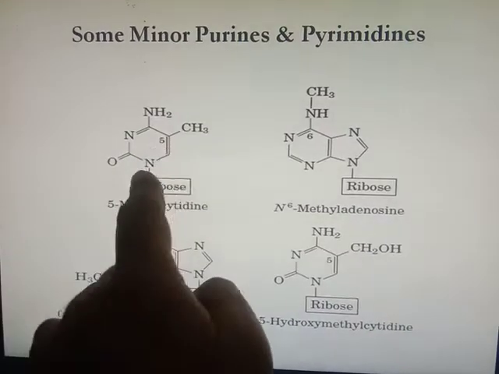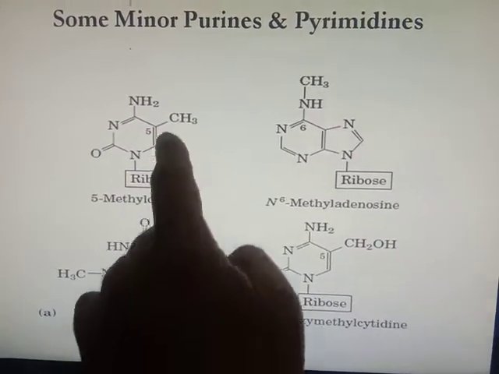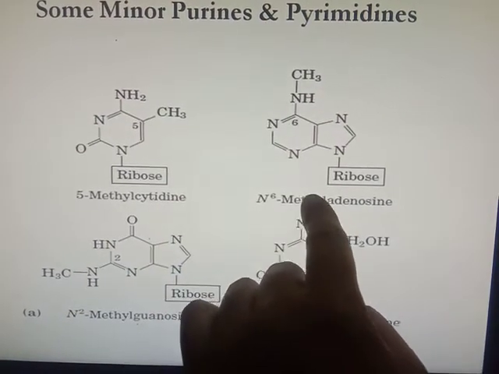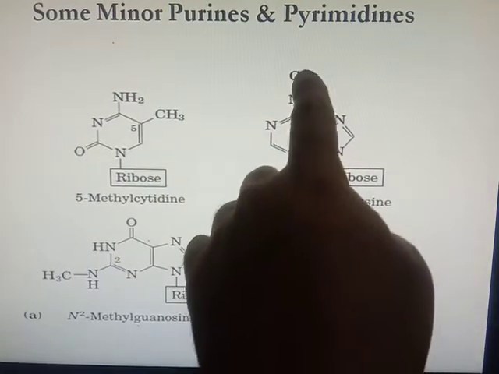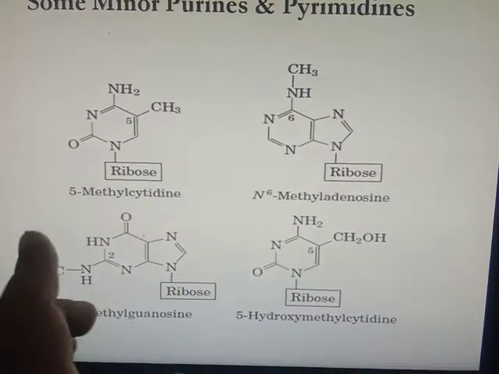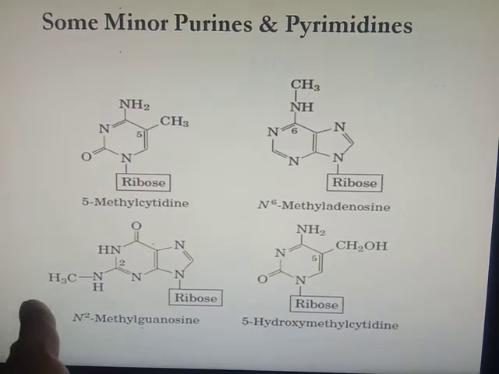So here in 5-methylcytidine, at the 5th carbon a methyl group is present, whereas in N6-methyladenosine, at the 6th carbon it contains a methyl group. These are the extra groups present other than the usual bases.